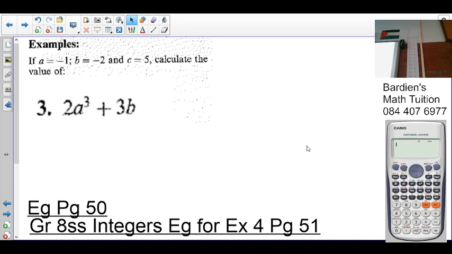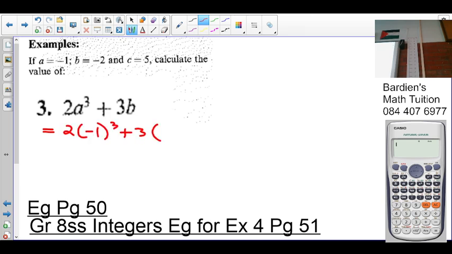People, number 3, we've got 2a cubed plus 3b. Right. So a is what? Negative 1. So it's 2 into negative 1 cubed plus 3 into negative 2. You all agree with that? Alright, so what's negative 1 cubed? Negative 1. And I can multiply this, no? What's positive times negative? Negative. 3 times 2.